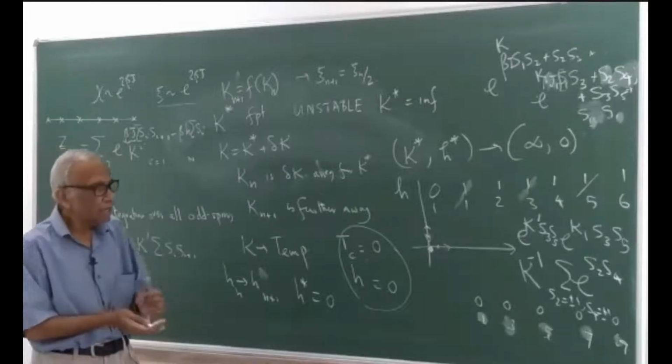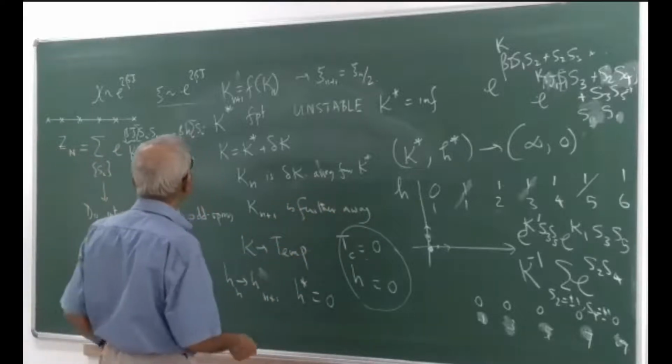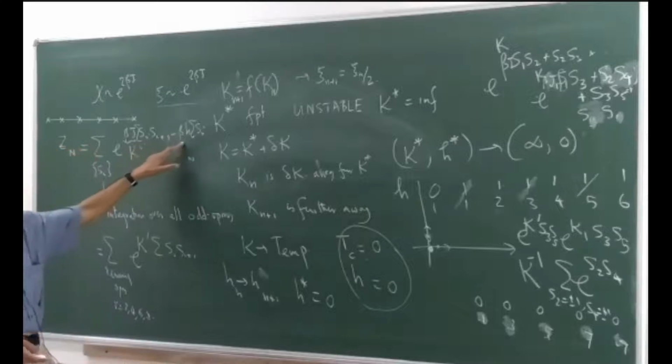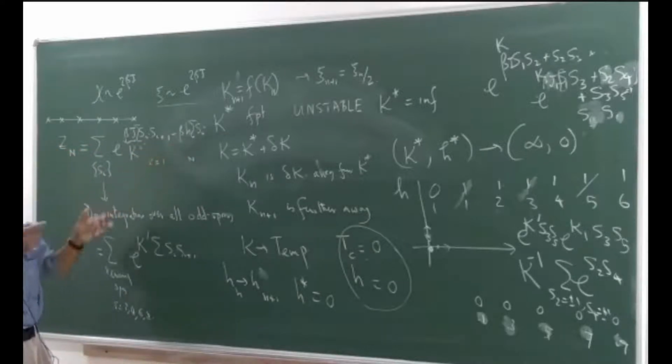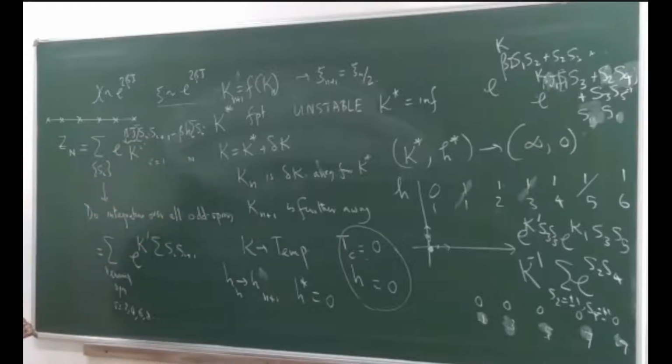When any other coupling that I have apart from eta, they would correspond to some stable fixed point in this huge space of, let's say, K1, K2, K3, and so on.